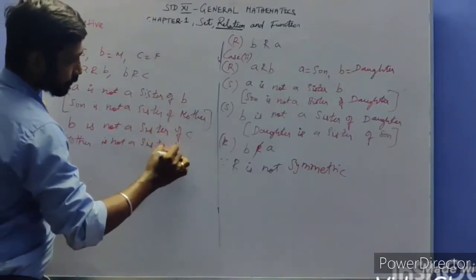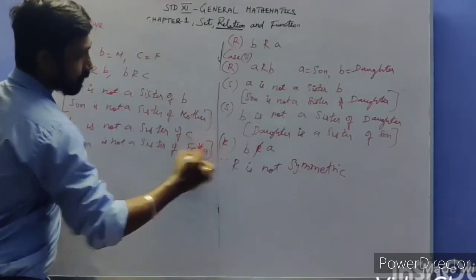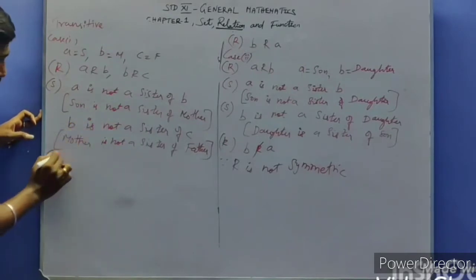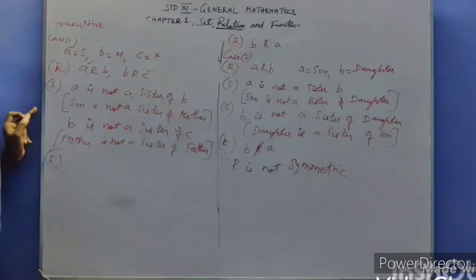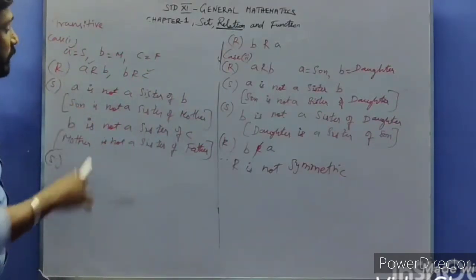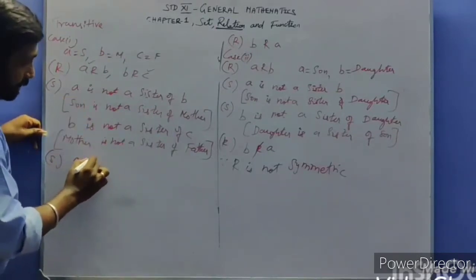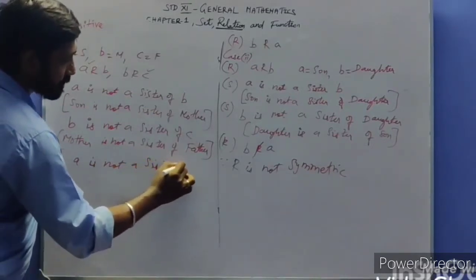Mother is not a sister of father. The next statement, first person and third person. Because transitive means you have to compare the first person and the third person. Here the first person, A is not a sister of C.